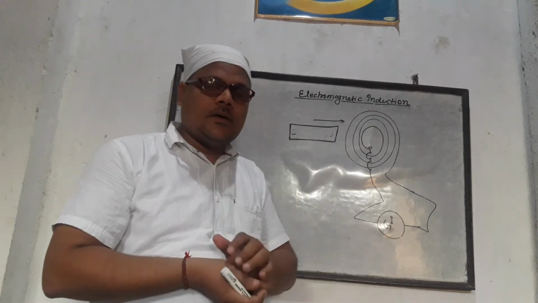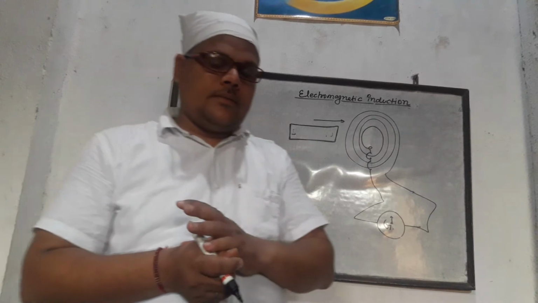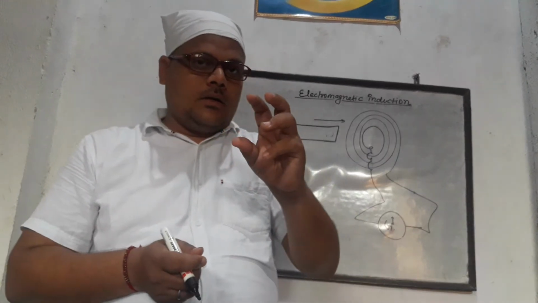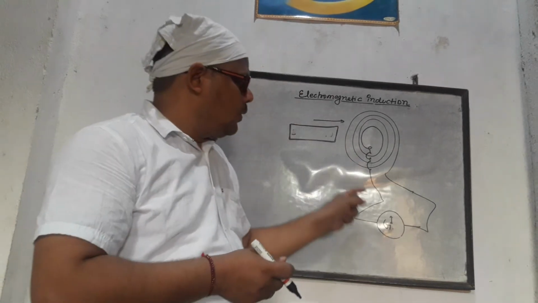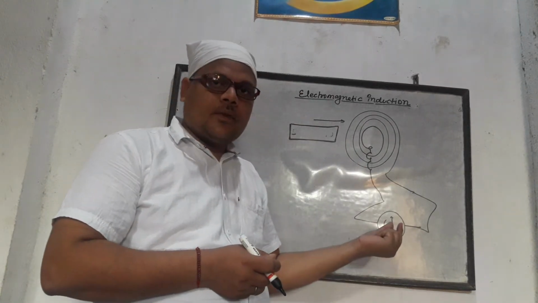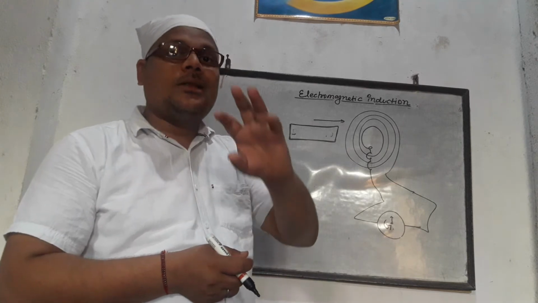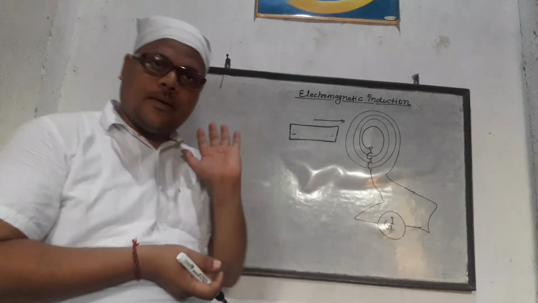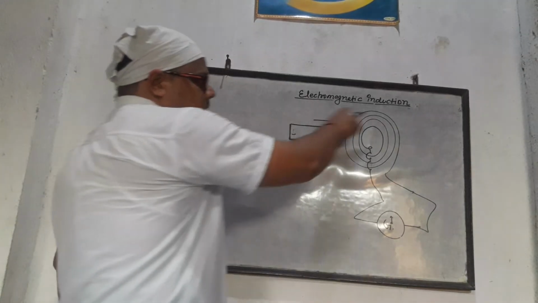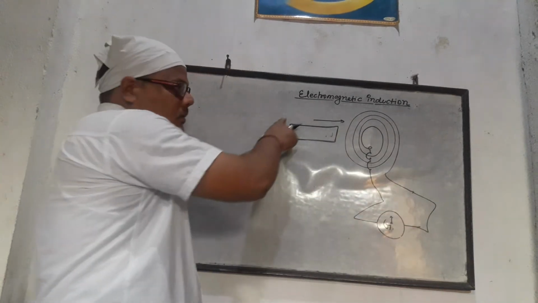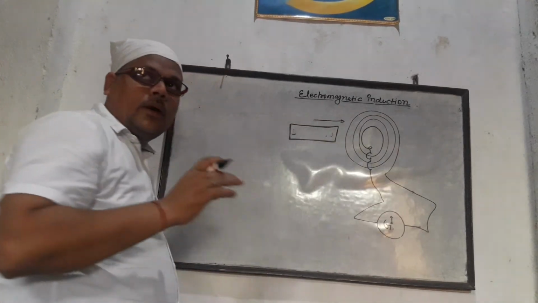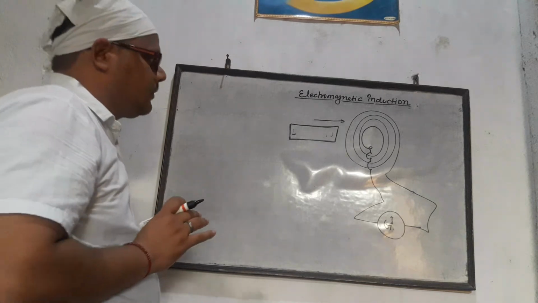It means due to the motion of the magnet, the galvanometer must show the deflections. Okay, this phenomenon is called electromagnetic induction, right?